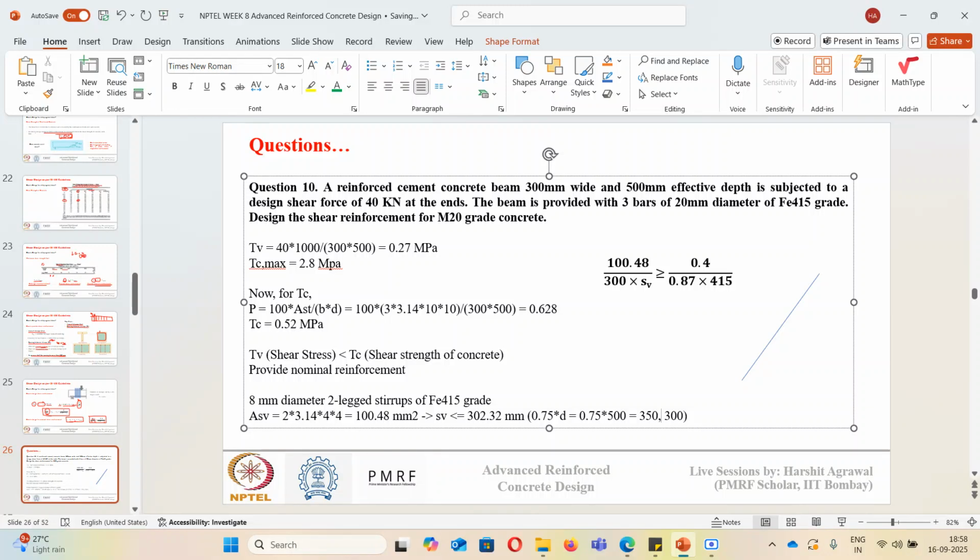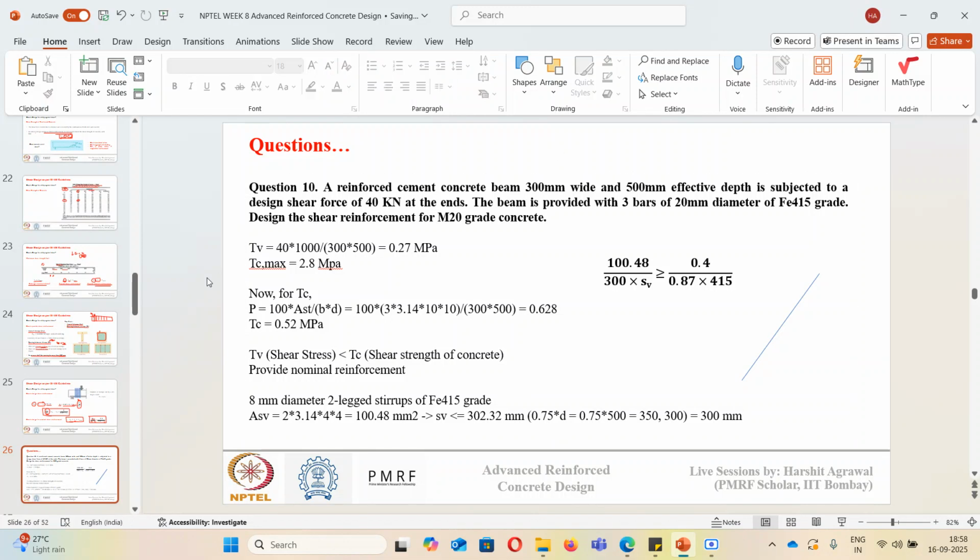And 300. Since my 302 is more than 300, we need to provide a spacing of 300 and not 302. So I will provide these 8 dia two-leg stirrups at a distance of 300 center to center across the length of my beam, and this is how shear design is done.